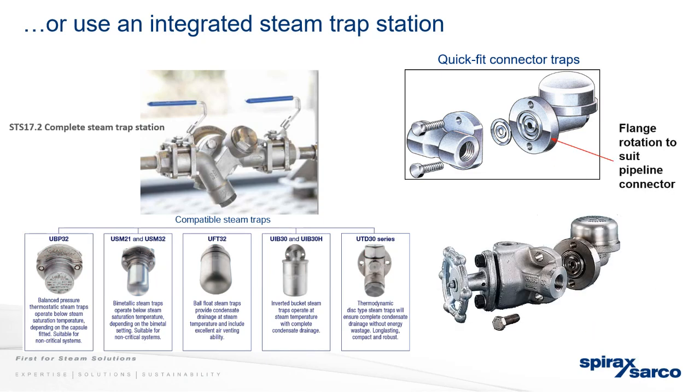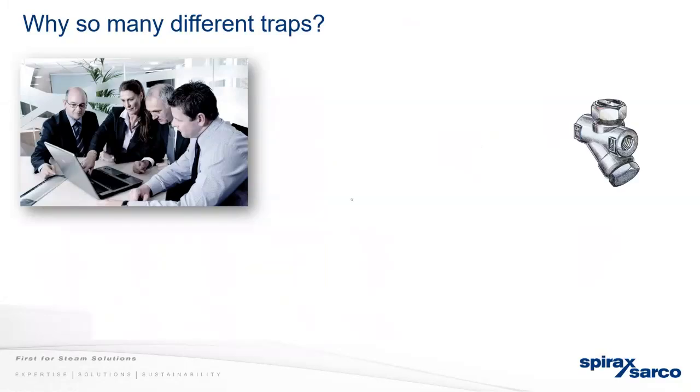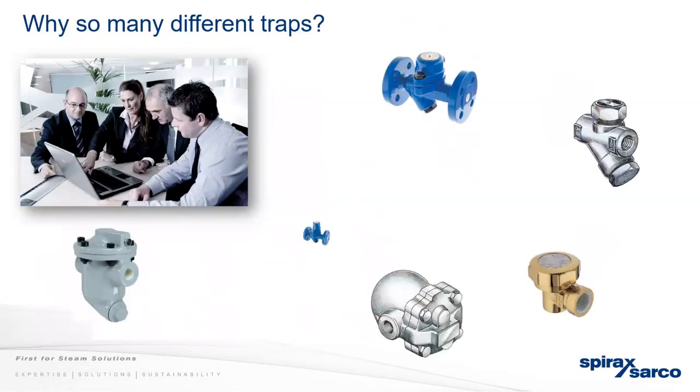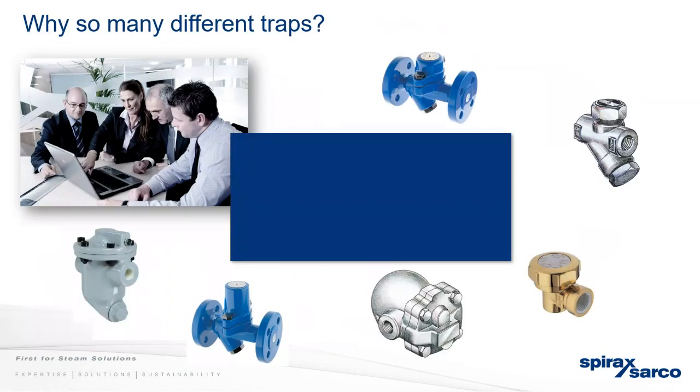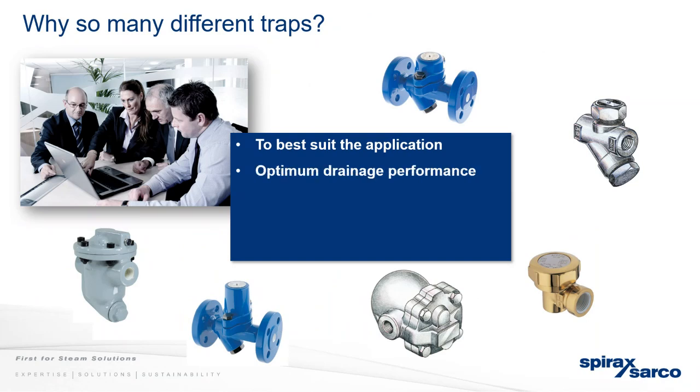So I'm just going to skim through this a bit quickly, just because we covered that with the questions. So again, why so many different types of traps? This is where we're going to look at the types of traps that best suit the applications you have, for optimum drainage performance as well. We want to clear that condensate as quickly as possible by installing the correct type of trap.